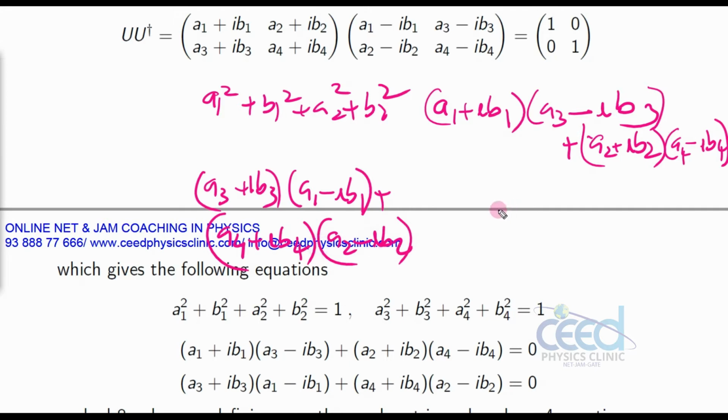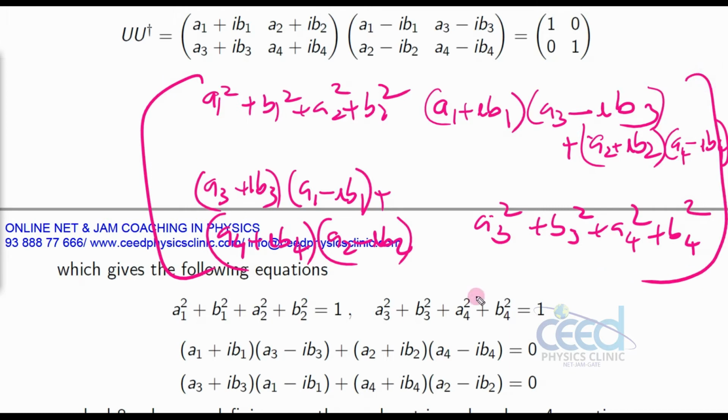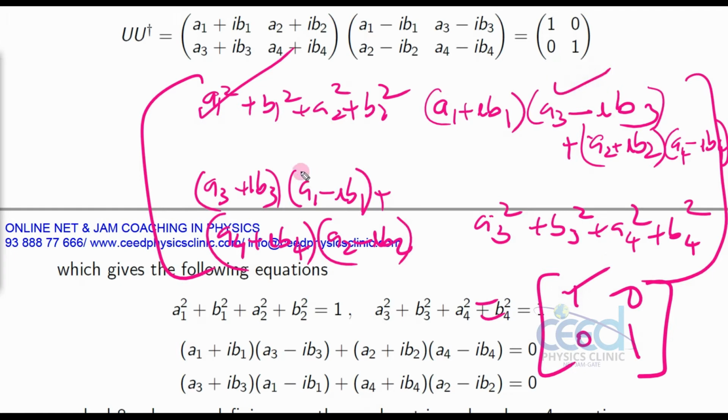The last term is a3 square plus b3 square plus a4 square plus b4 square. This should be equal to 1 0 0 1. So the diagonal terms equal 1, and both off diagonal terms equal 0.